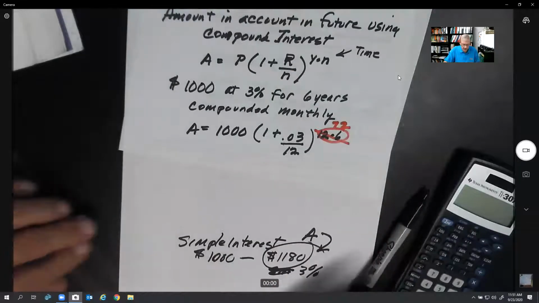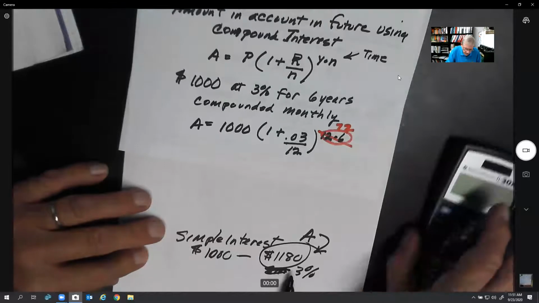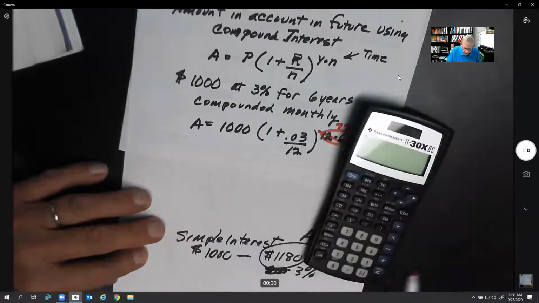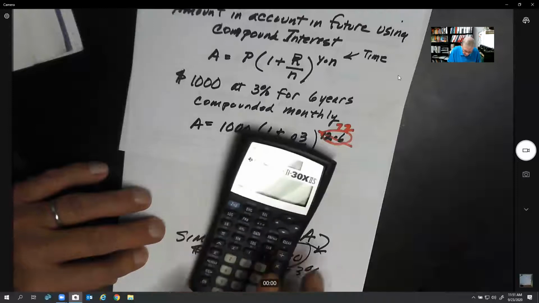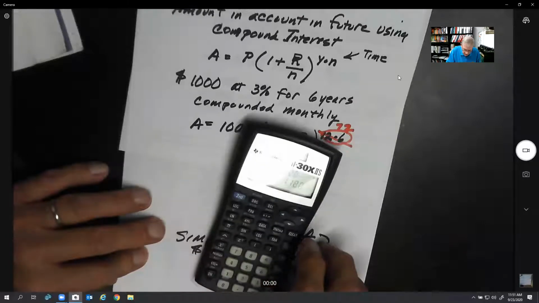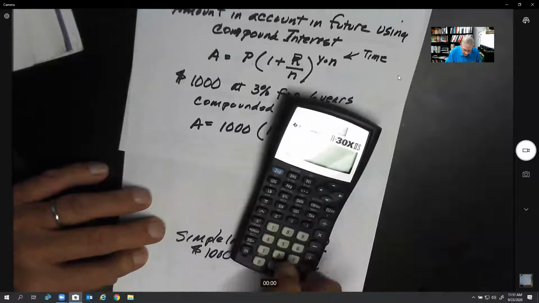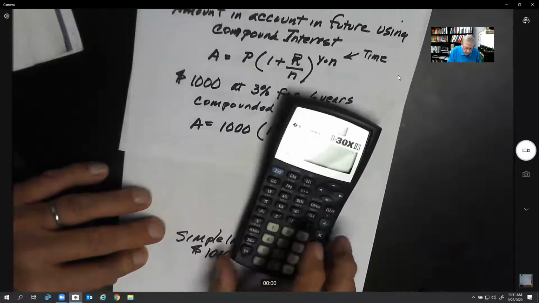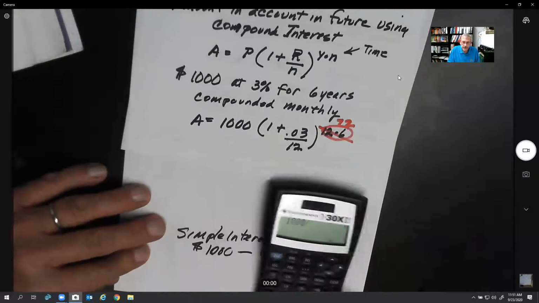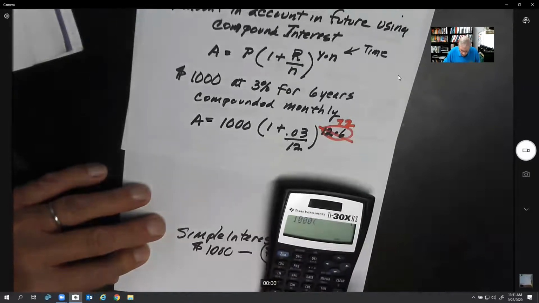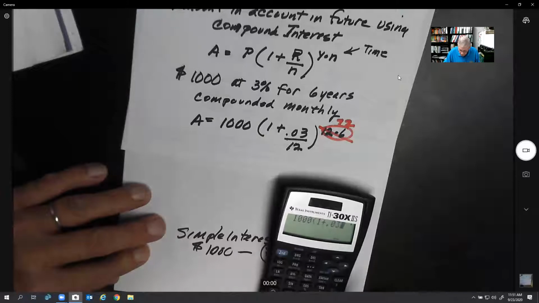Okay? So let's put it into our calculator. I'm going to show you how to put this on your calculator in one step. So let's clear this all out. We're going to put 1,000. We're going to put the parentheses just like it had in the problem. We're going to put the 1 plus 0.03 divide by 12.